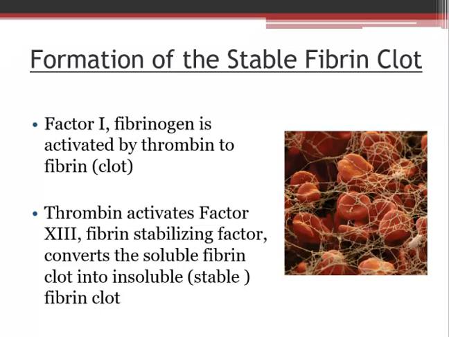Thrombin activates factor 13, the fibrin stabilizing factor, and it converts the stable fibrin clot to an insoluble stable fibrin clot. And you can see over here in this image, you can see the red blood cells and all the little stringy material that's connecting those red blood cells together is the fibrin clot.